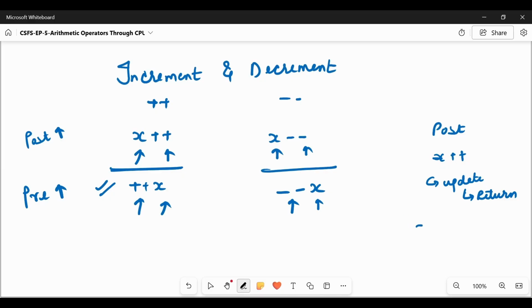So we have some value 5, we are doing 5 plus plus, and if we are not printing it, it will return simply 5. In the next statement, when we are using the x value again, then we will convert that value first to 6, and then we will do the operation.